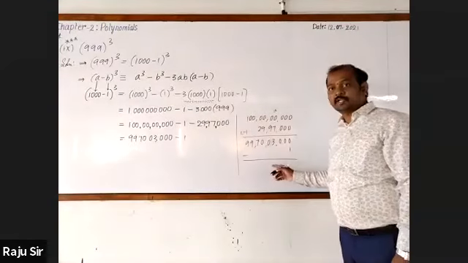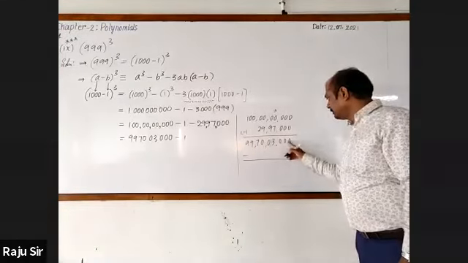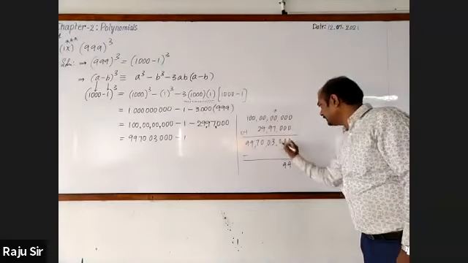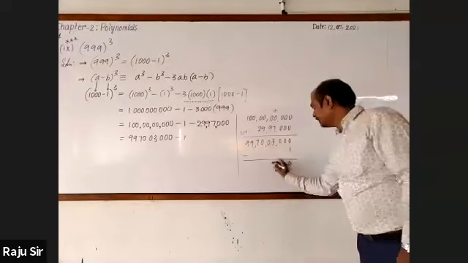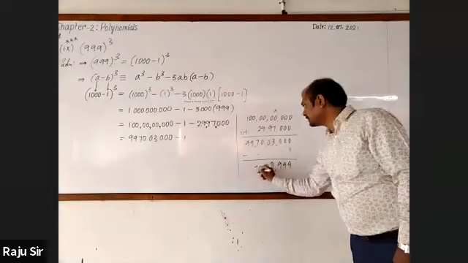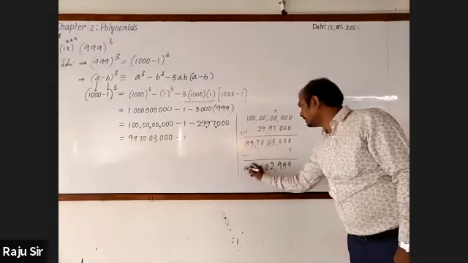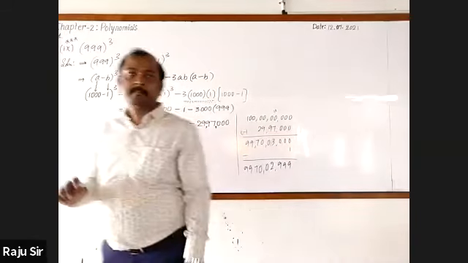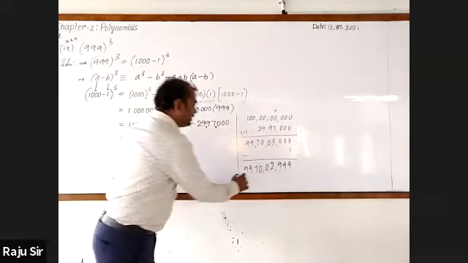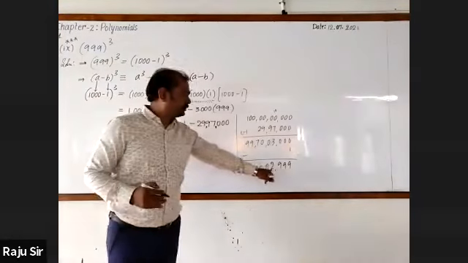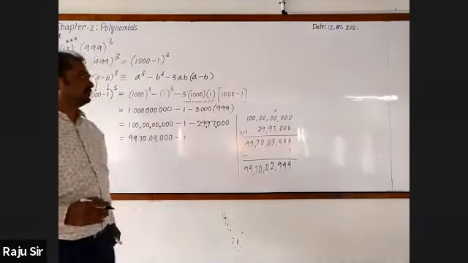Let us go for subtracting. It is 10 minus 1, it is 9. Here is 9. This will be 2. This is 0. Here 0, 7, then 9, 9. Have you got same? Yes, sir. 99 crores, 70 lakh 2,999.